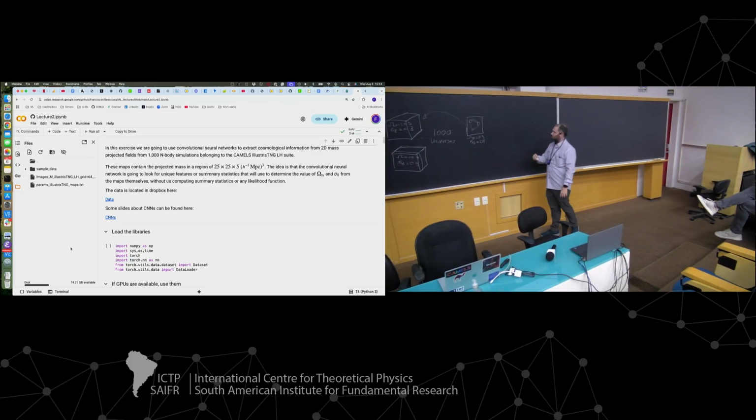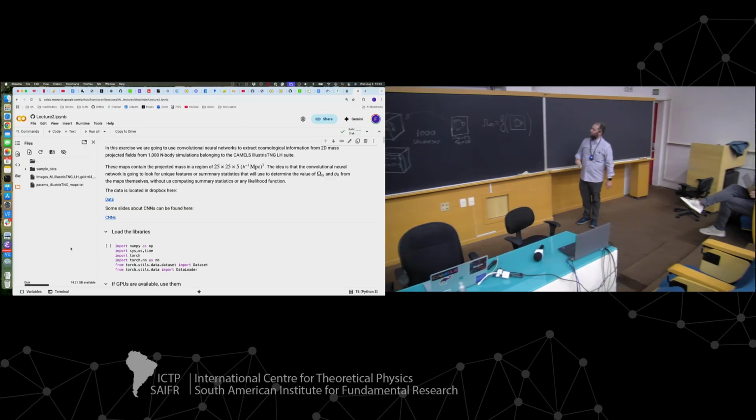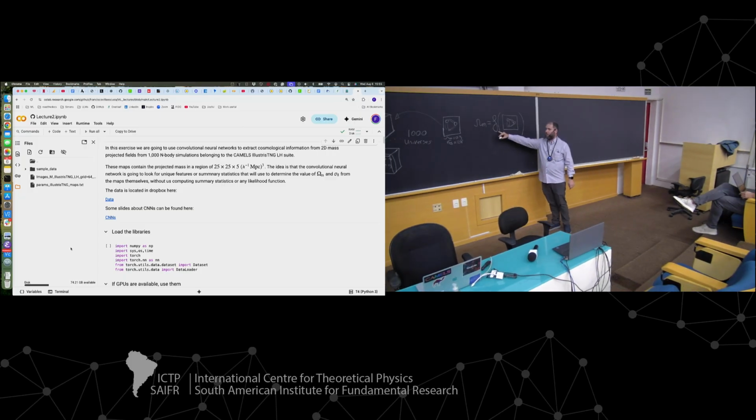Another way to formulate this: omega matter is a function of our image, the image where you have the halos here, here, here. And we're going to train a convolutional neural network to see if we can approximate this function.